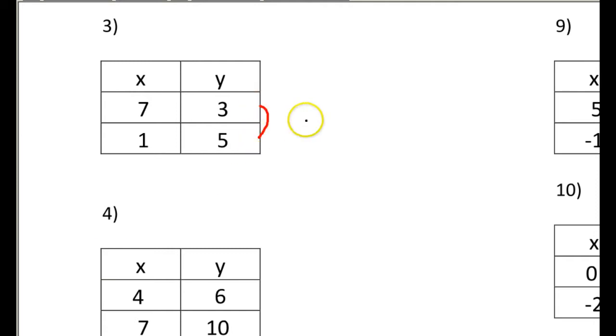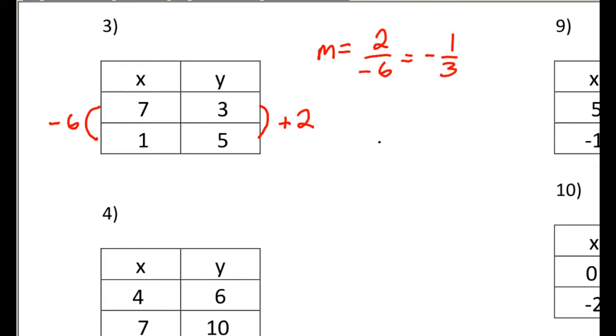So from 3 to 5 is plus 2. From 7 to 1 is negative 6. So your slope is 2 over negative 6, which reduces to negative 1/3. Make sure you do that last step of reducing.